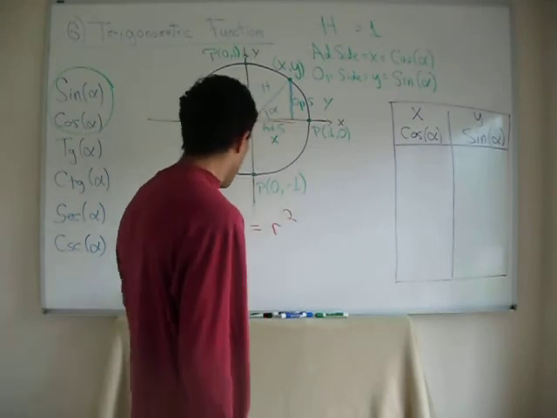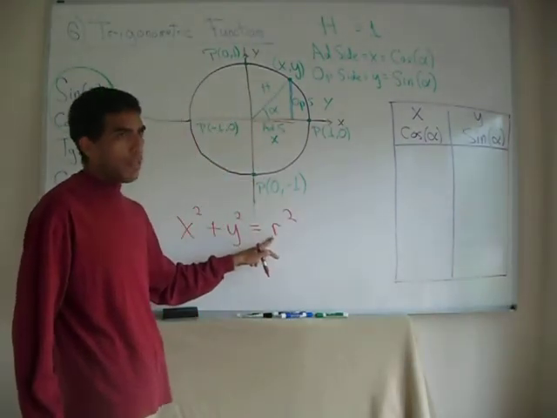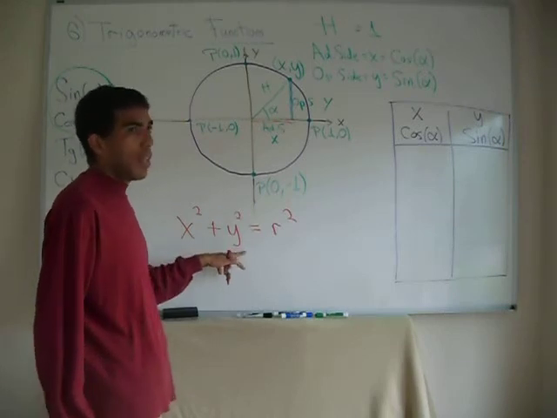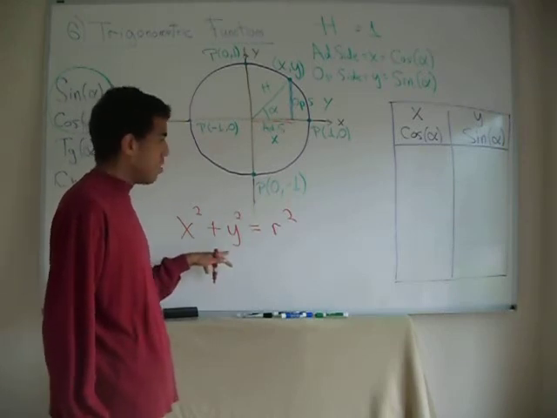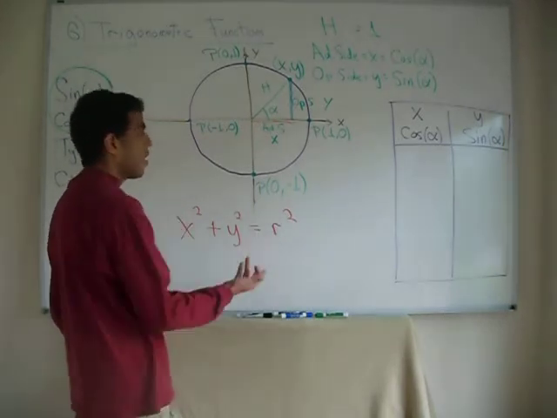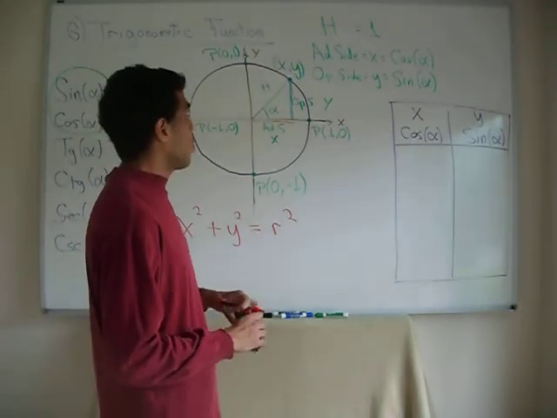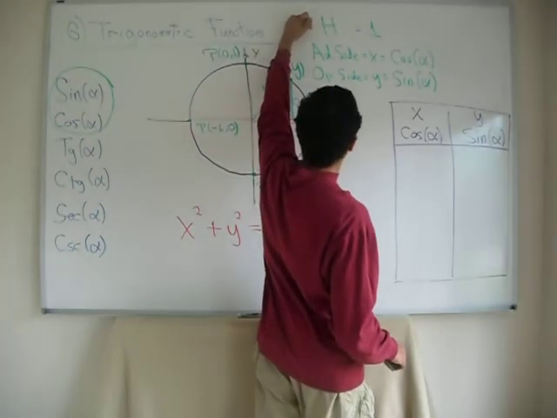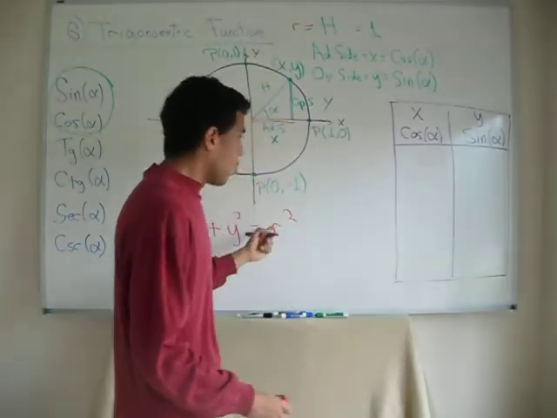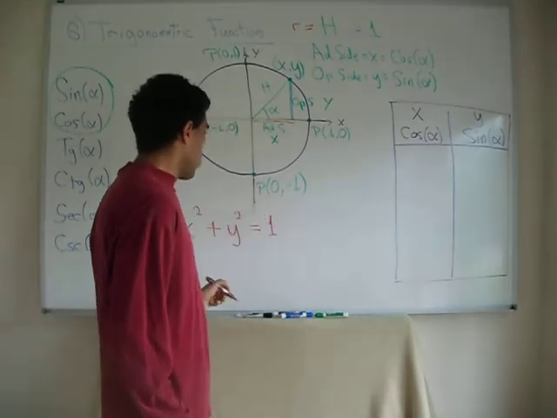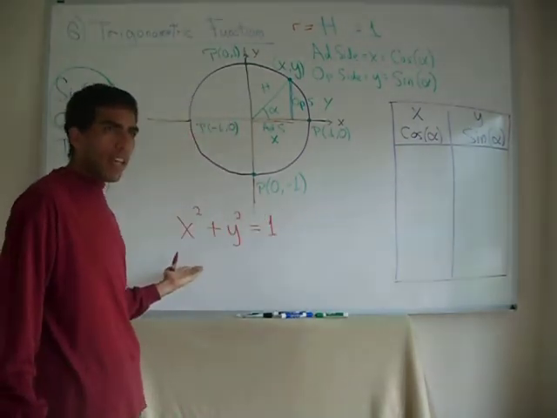And r is the radius of the circle. x and y are points that belong to the circle, to the circumference. In this case, r is 1, because we said it right there, h equals 1. So 1 squared is 1. In essence, the trigonometric circle has this equation.